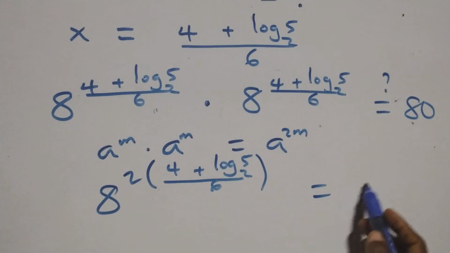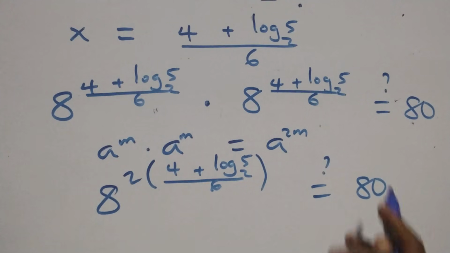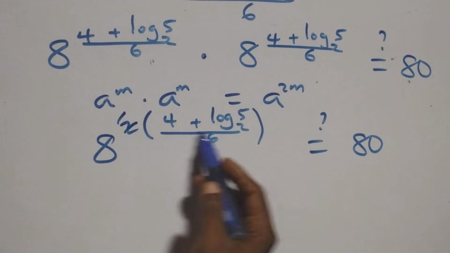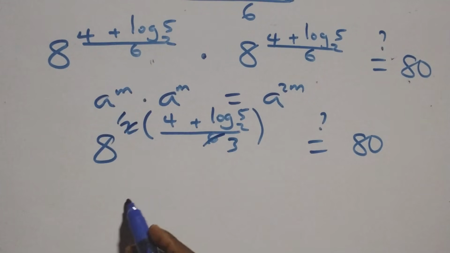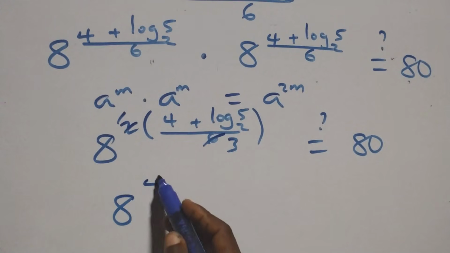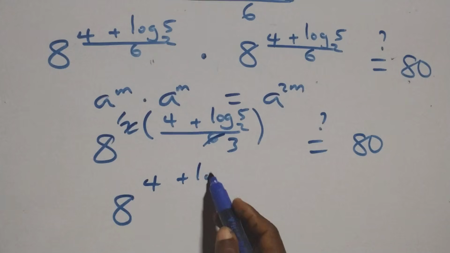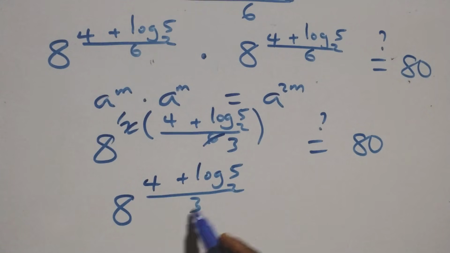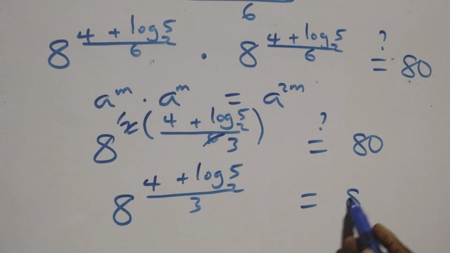Is it equal to 80 on this side? Here the powers multiply: 2 over 6, 1 and 3. And we have 8 raised to power 4 plus log 5 base 2 all over 3, equal to 80.